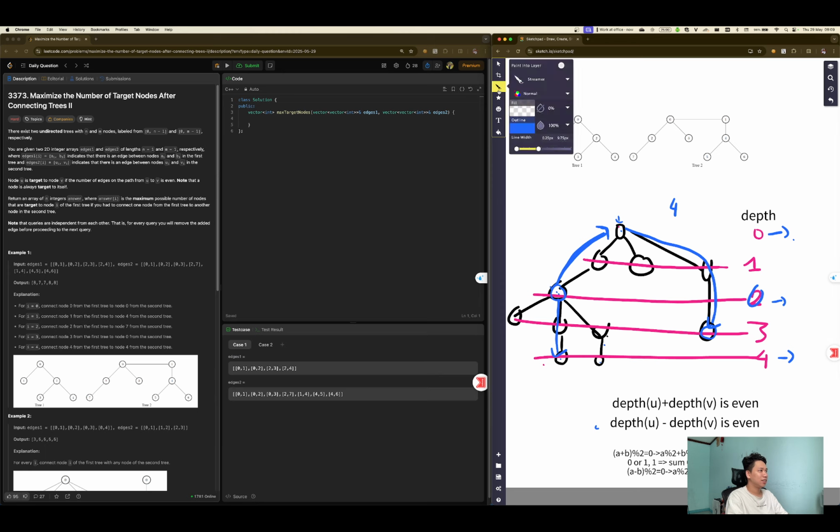Okay, let's take this. From this node you can go to this, and this, and this. So it's totally the same as this. That means it can reach 1 2 3 4, and 1 2 3 4 5.